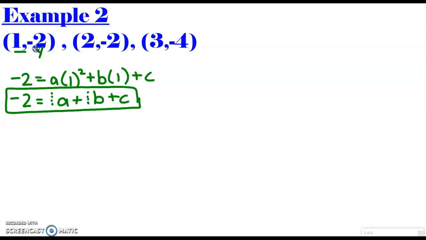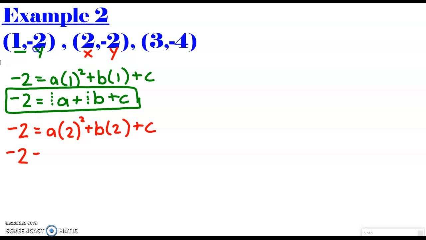Then I would do that for the next point, xy. So y is negative 2 equals a times x is 2 squared plus b times x is 2 plus c. So that's negative 2 equals 2 squared would be 4a plus 2b plus c, second equation.